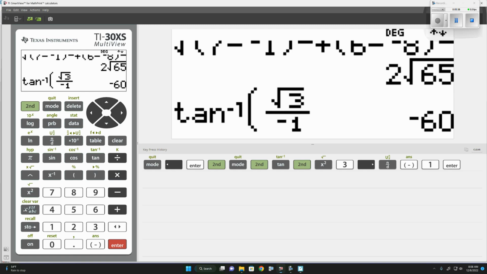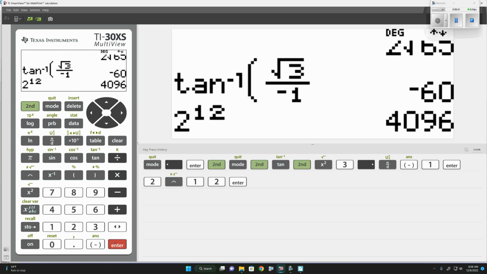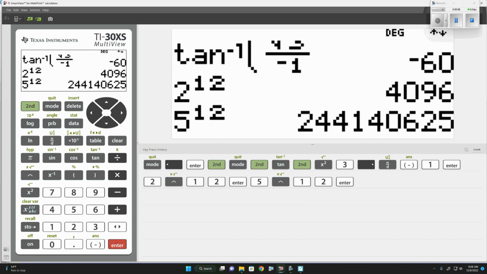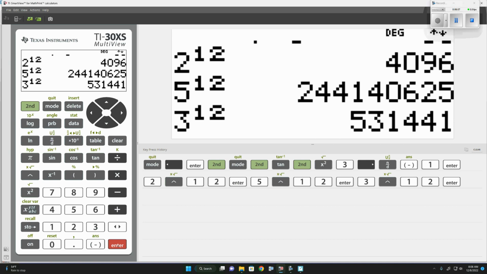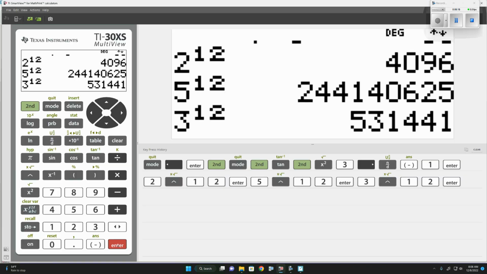Now 2 to the 12th, we can plug in the calculator and it is 4,096, which I was expecting a bigger number, especially to the 12th power, but since we're having a base of 2, it's not as big as it could be. Because if we go up by 2, 5 to the 12th, it's much bigger, even though we went only up by 2. I think going up by 1, it's still a significantly bigger number. So, I think it was 4096.